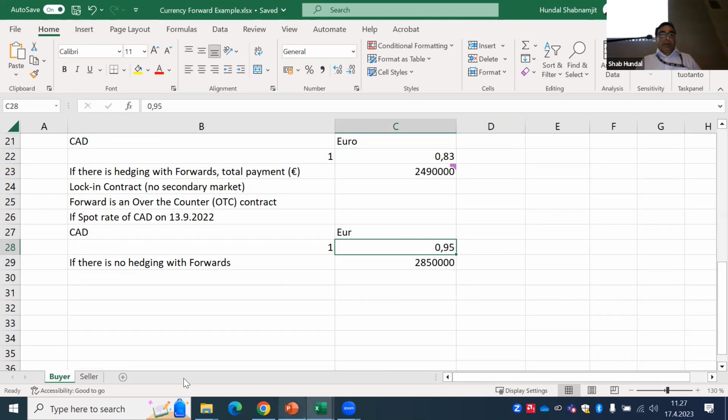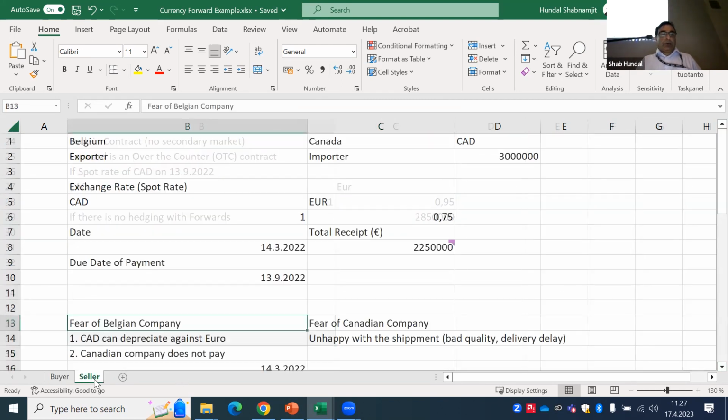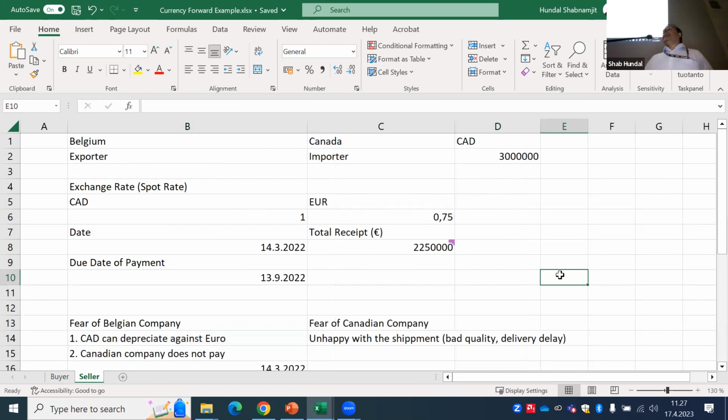On the other hand, when you are a seller or an exporter, now you are afraid that the foreign currency can depreciate and kill your cash flows. Especially if the customer abroad decides to pay you not in your currency, but his or her domestic currency. So the same thing happens here.